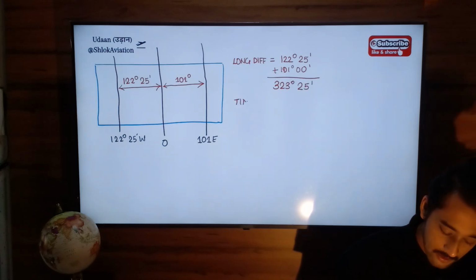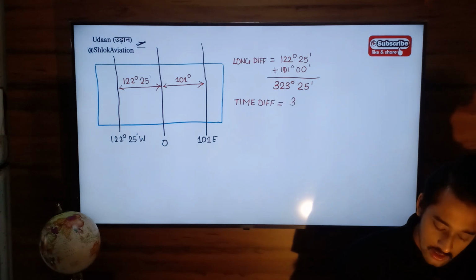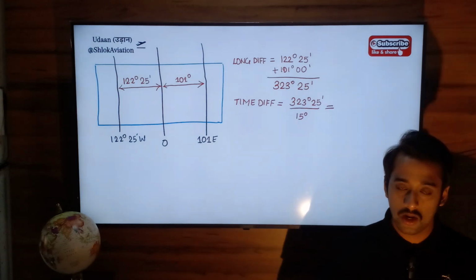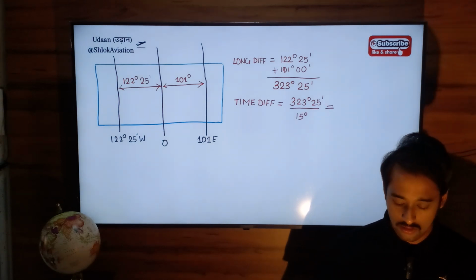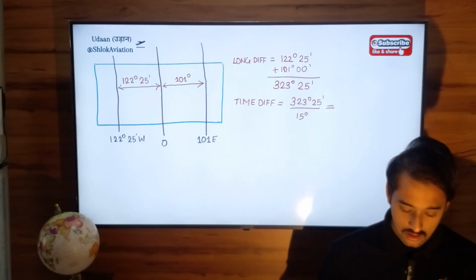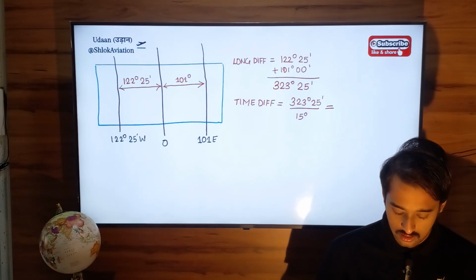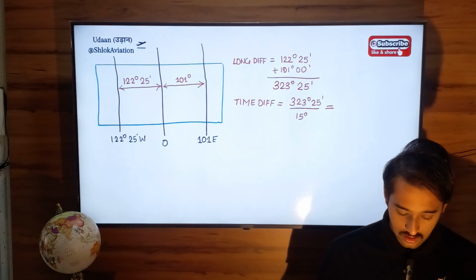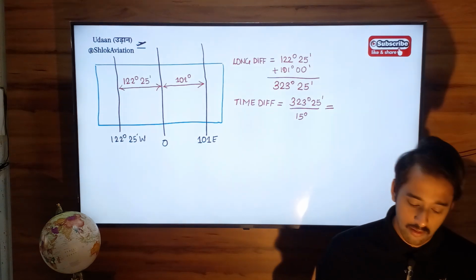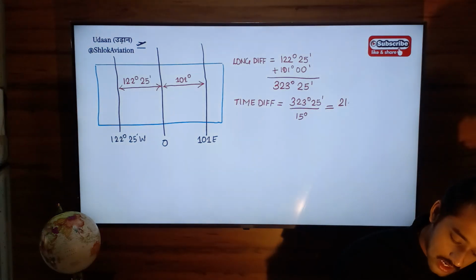Convert that into a time difference: 323 degrees 25 minutes divided by 15 degrees equals 21 hours 33 minutes.